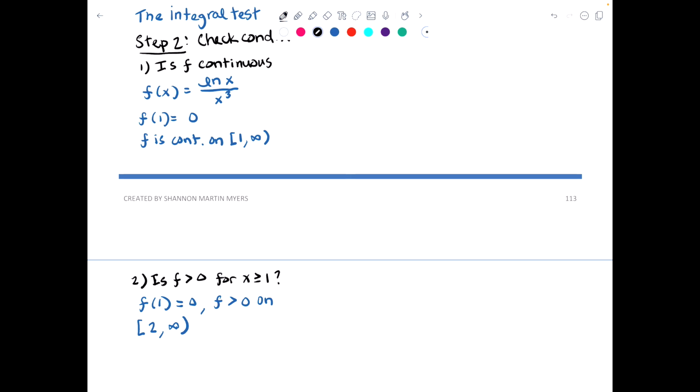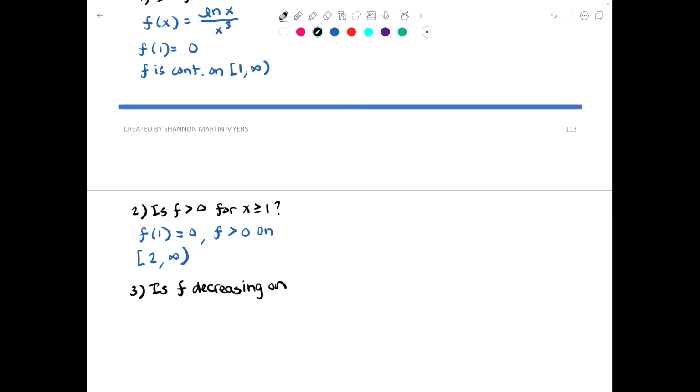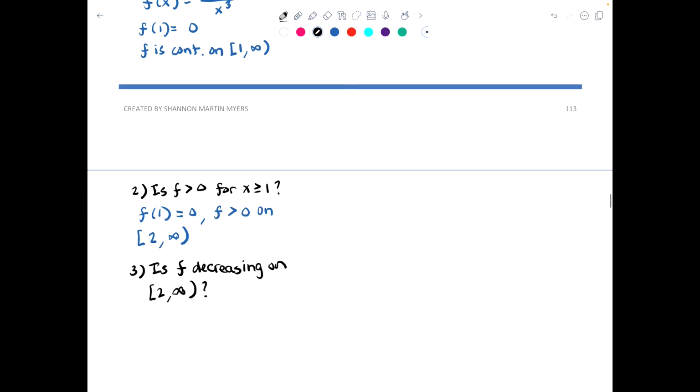Okay, third thing to check is f decreasing on, I'm going to say from 2 to infinity, since that's where we're starting now. So let's check it out.